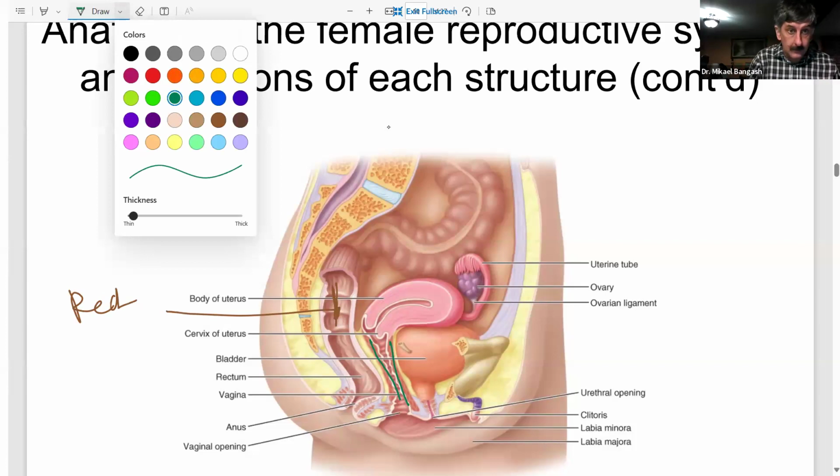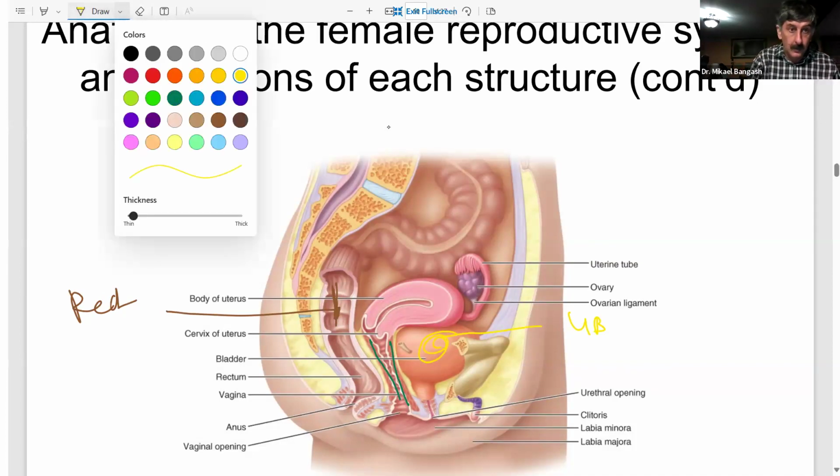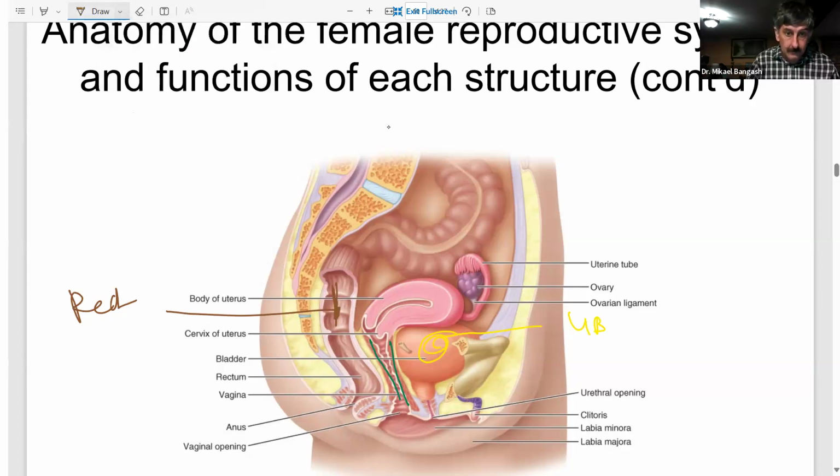And as I said, this is your urinary bladder. Now, ideally speaking, the uterus is going to be in this position here, what we call anteverted, I mean resting on top of the urinary bladder.